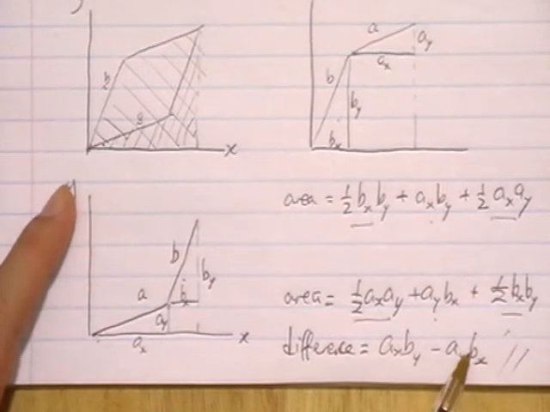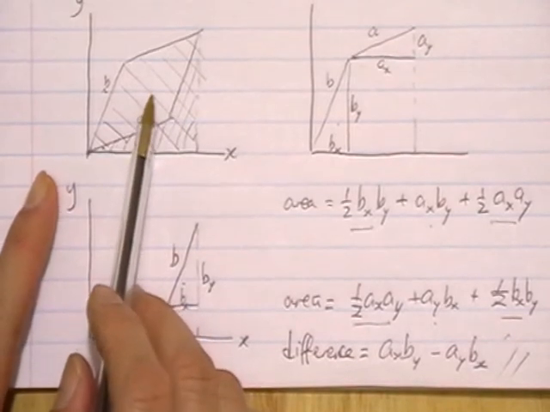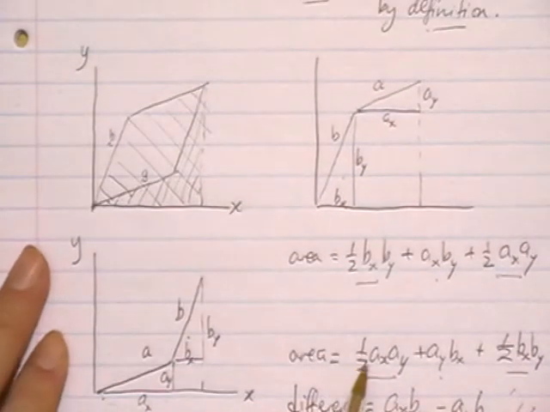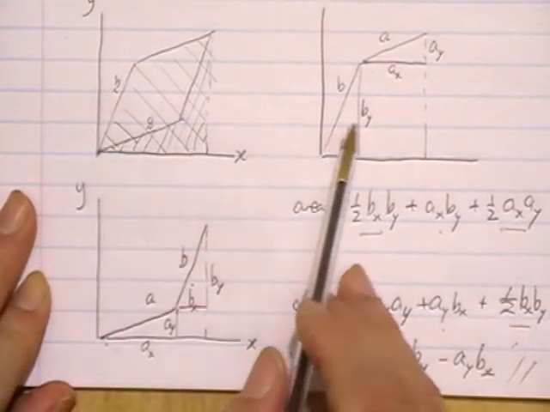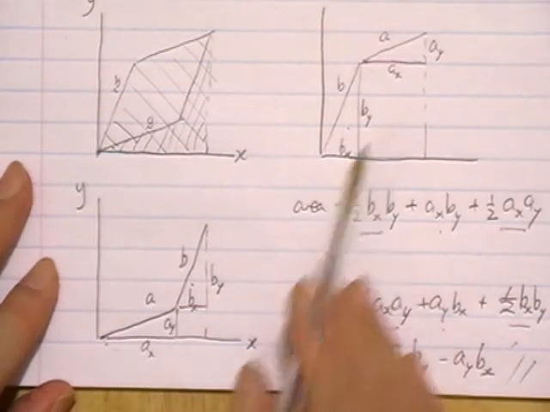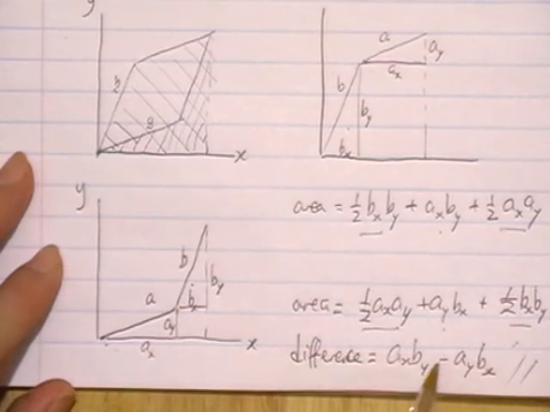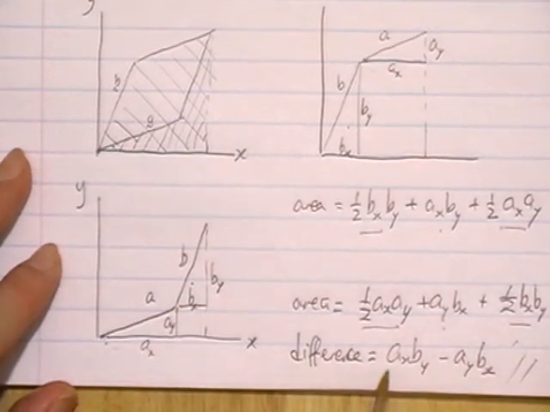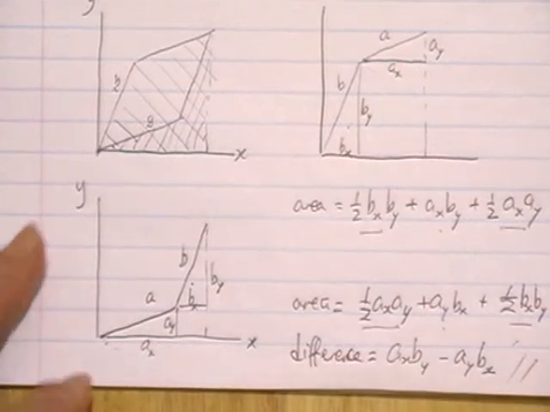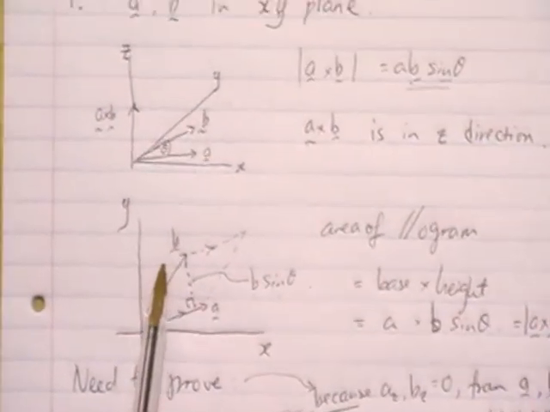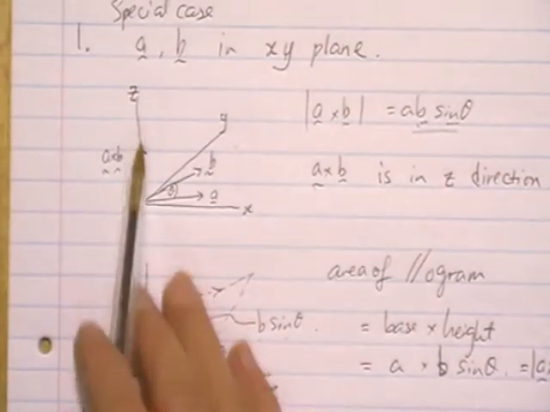Now in this case, if you look at this parallelogram, because I obtained this formula by taking the bigger area and subtracting the smaller area, we know that in this example, this result must be positive. And positive means that the cross product points in this case in a positive z direction.